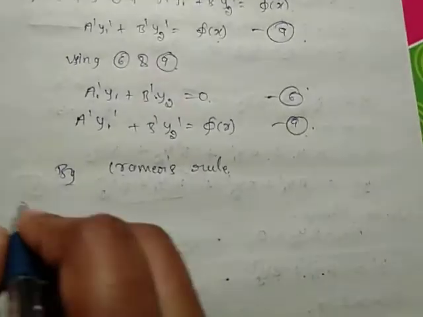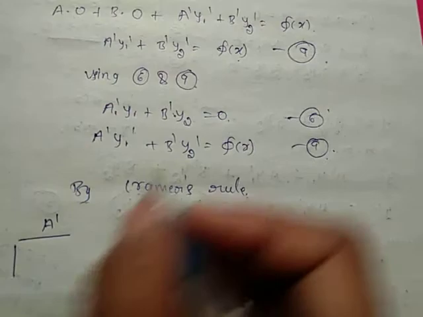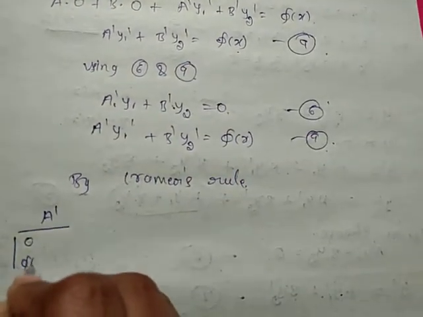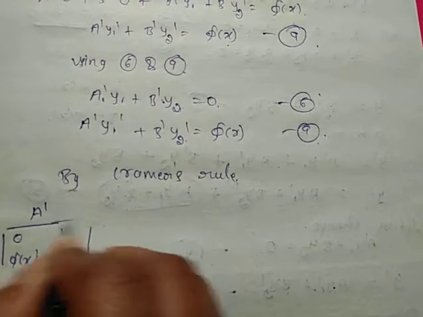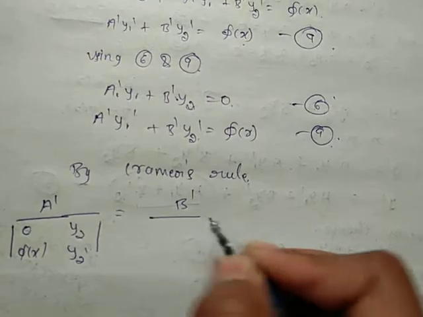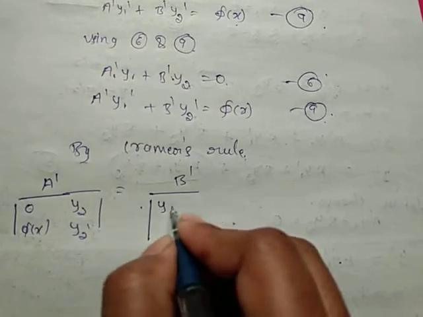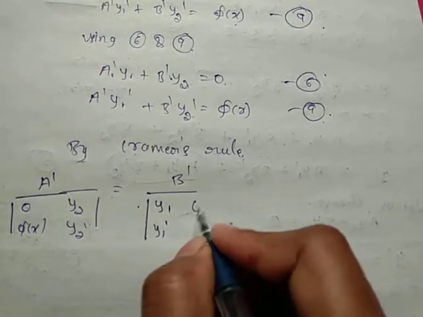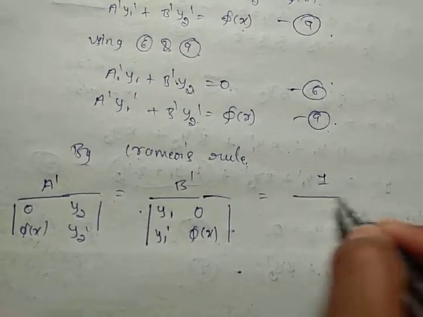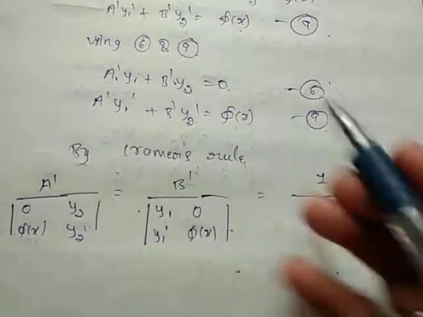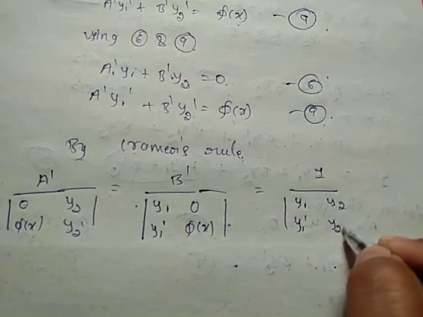By Cramer's rule, a dash divided by the determinant of 0, xi of x, y2 dash is equal to b dash divided by the determinant of y1 dash, 0, xi of x, constant divided by y1 dash, y2 dash.